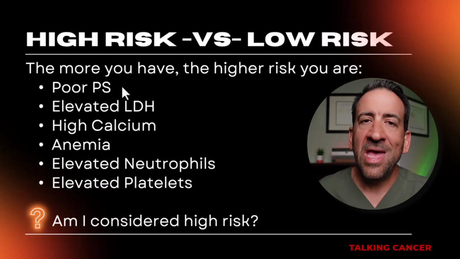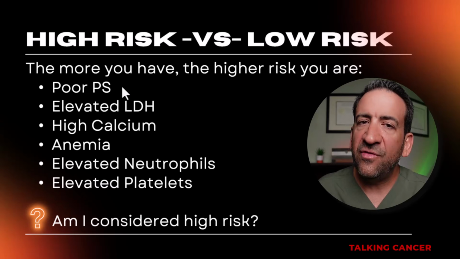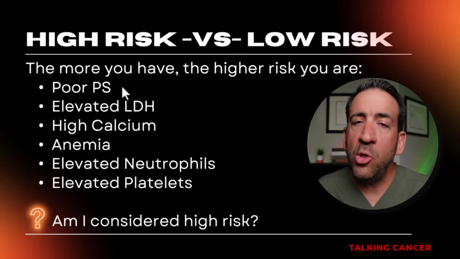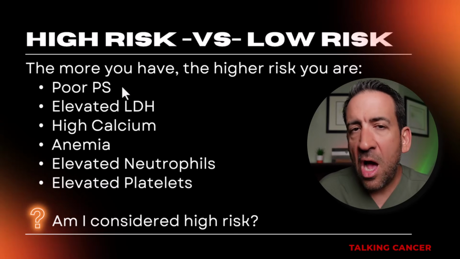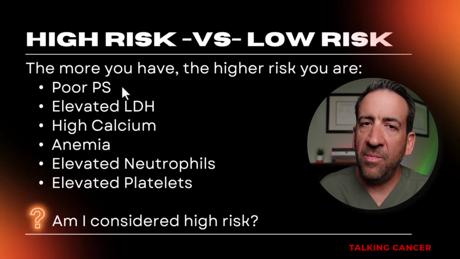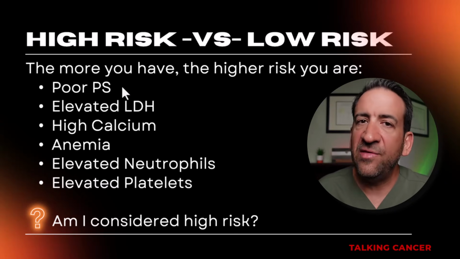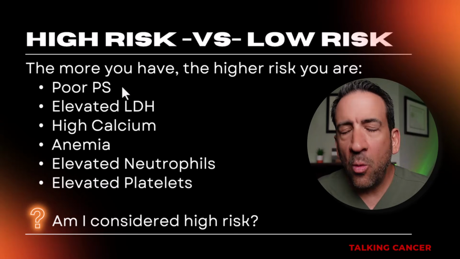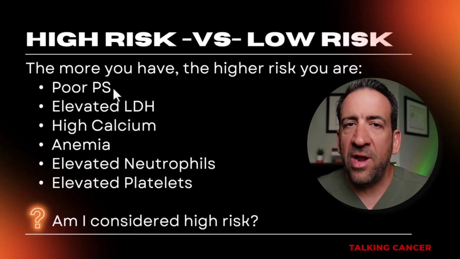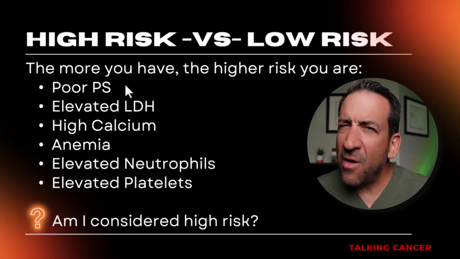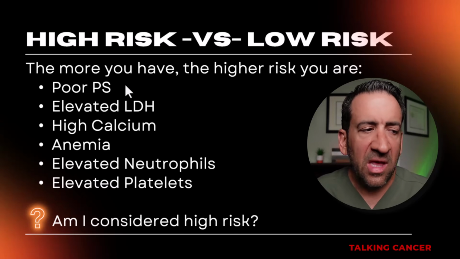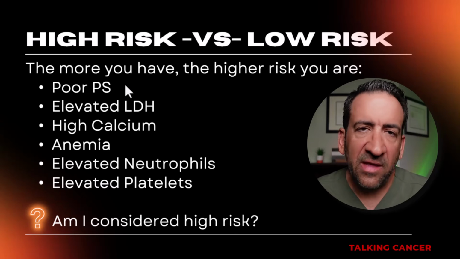This just means if you are a patient that is older, more debilitated, maybe wheelchair bound, obviously we are not going to be able to be very aggressive with you, and that is not a good thing. So it's what we call a poor PS, known as performance status. If you're very weak, very frail, very debilitated, that is not a good thing, placing you at a higher risk.